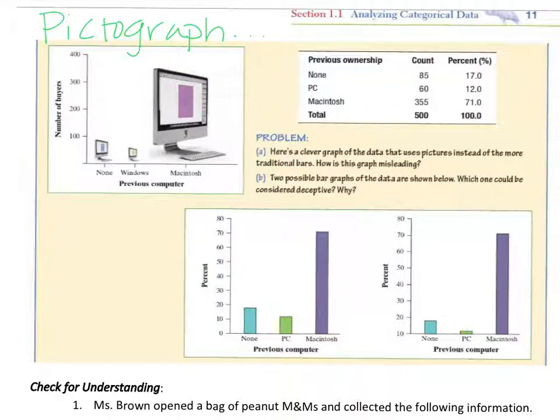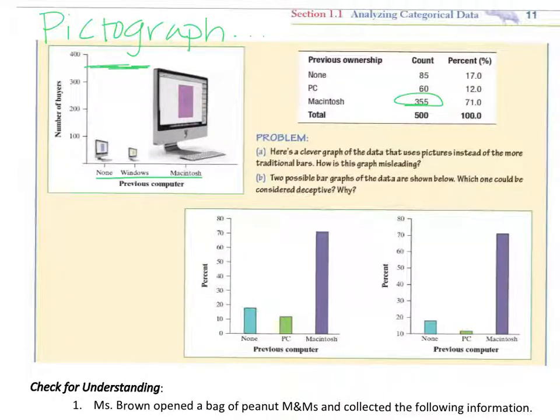This is an example of a pictograph from the textbook, where what we're looking at is a display of the number of buyers for each of these previous computer types out of a survey of 500 iMac buyers. If you notice in this image, the actual height of the computer is appropriate. It matches the values that we're getting from the table.